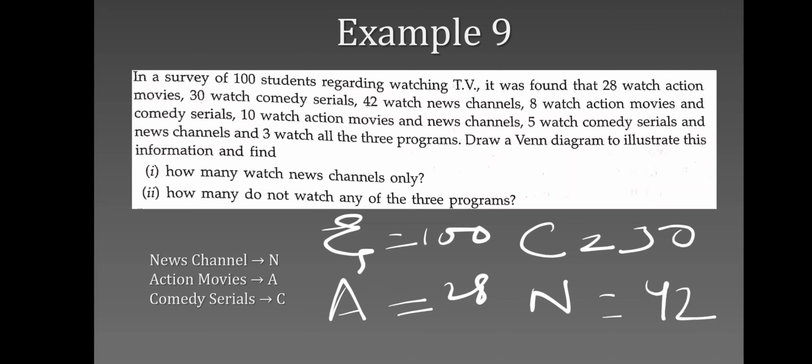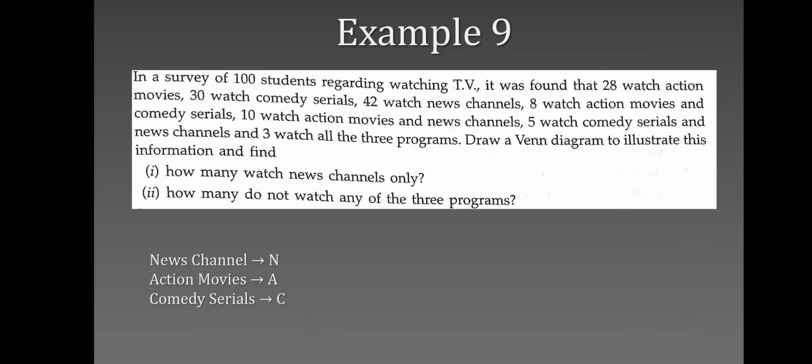Now this is something we understood at the beginning. Then 8 watch action movies and comedy serials, so that means they are in the intersection. 10 watch action movies and news channels, so these are all intersections. So once we can draw this basic structure, then we can definitely put all the values in the intersection. So let us see how to do it.